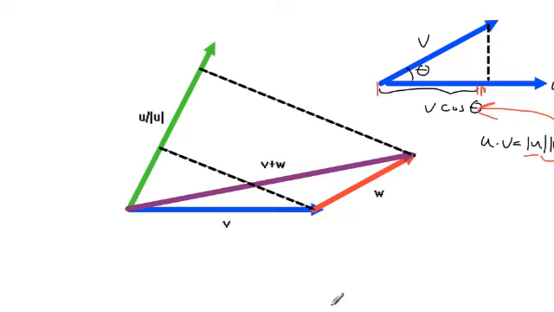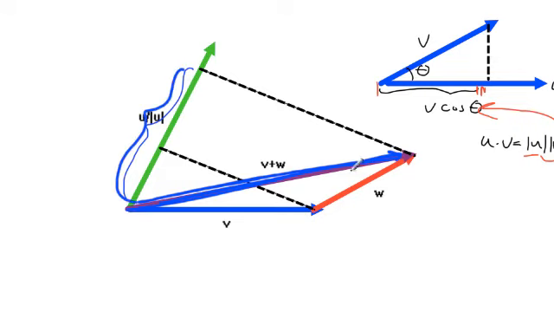So then we want to see that, if we look at v plus w right here, this segment is the projection of that onto our unit vector.